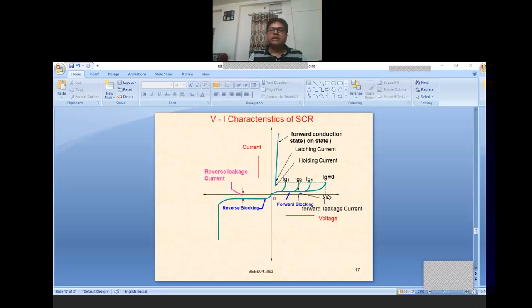In this region, for all purposes, we can regard that SCR is in forward blocking state, and it will be in the circuit just like an open switch. It will act just like an open switch connected in series with the load. Whatever applied voltage is there, it will appear across the SCR in full. Applied voltage will be equal to SCR voltage.